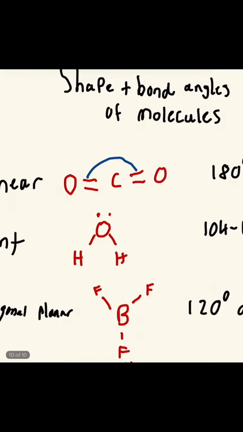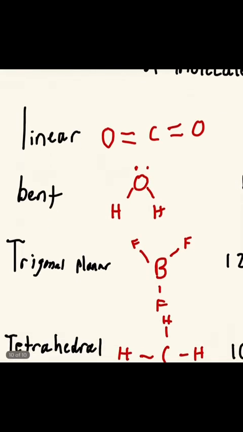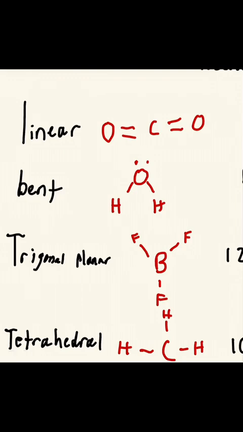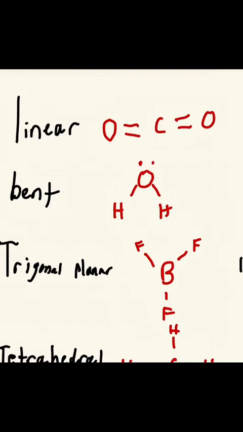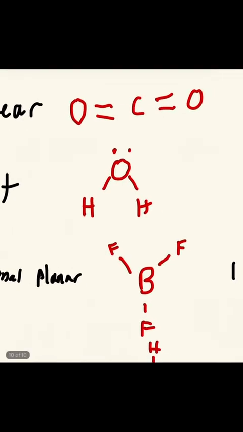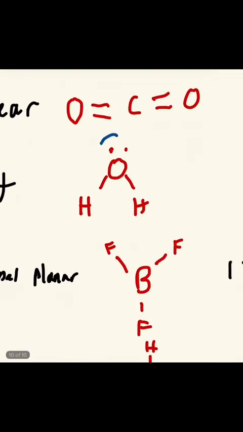So that's linear. Now, if we have a look at the bent arrangement now. So this occurs in water. So you can see here we have H2O, but this time we have a presence of a lone pair of electrons on the top there. So that lone pair, that also repels these bonds here.